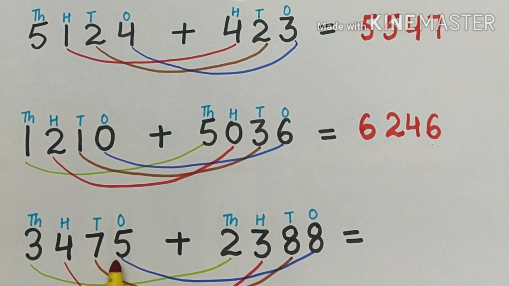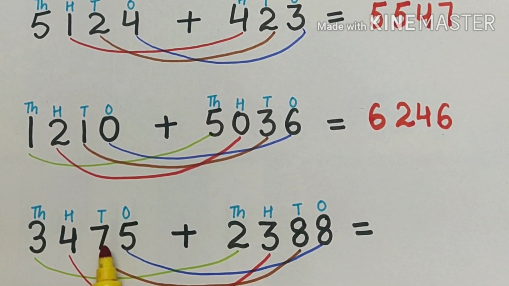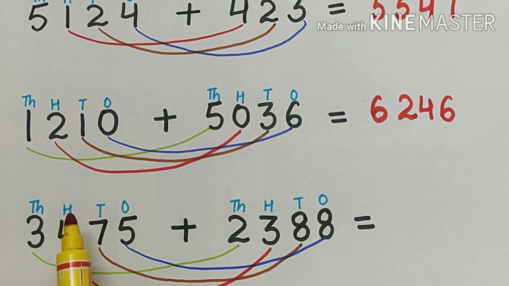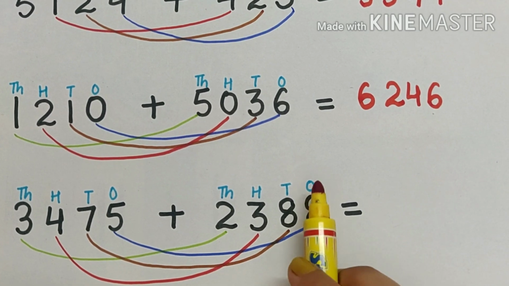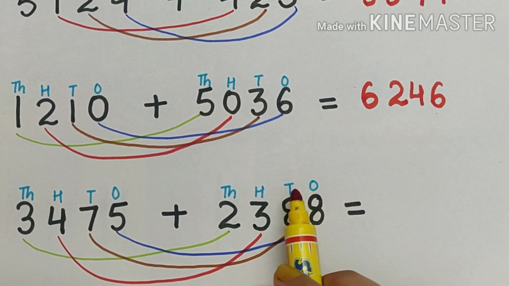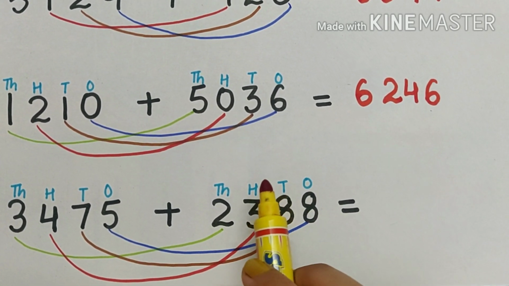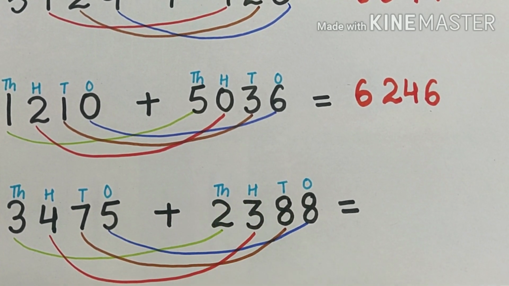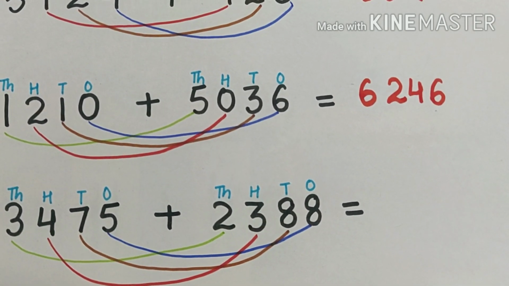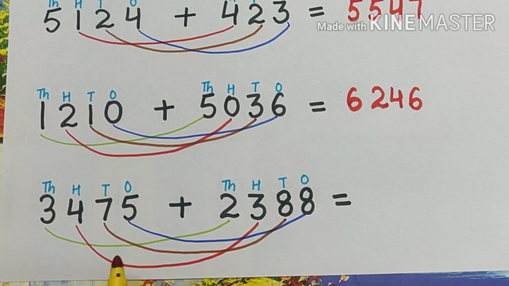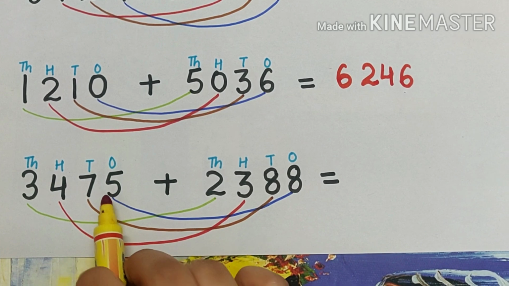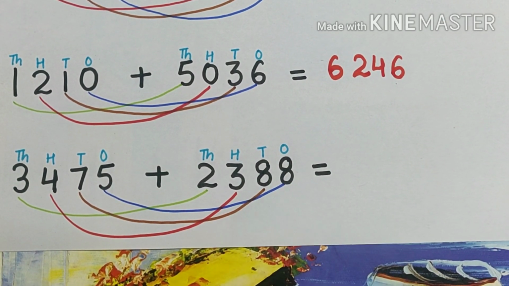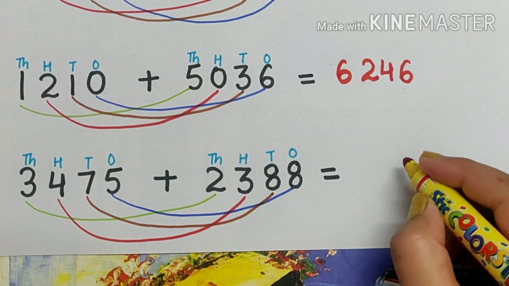In this, 5 ones, 7 tens, 4 hundreds, 3 thousands. 8 ones, 8 tens, 3 hundreds, 2 thousands. Now we are going to add from ones place. 5 plus 8 is equal to 13.